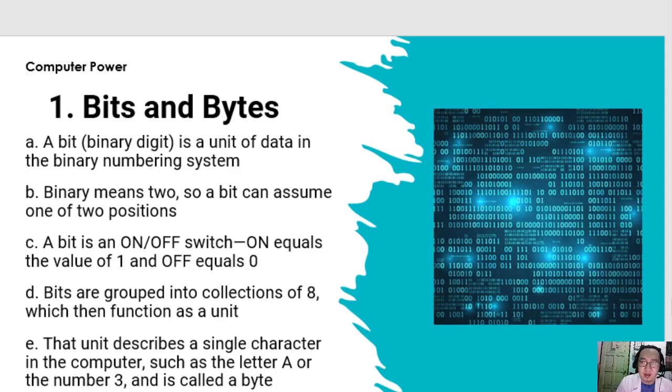So a bit can assume one of two positions. We have bit, or binary digit. A bit is an on-off switch, and usually these binaries are expressed in numbers.